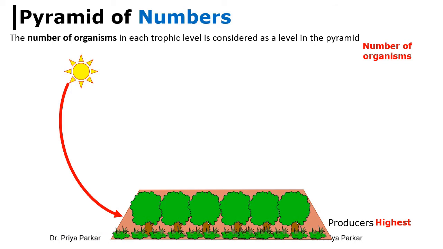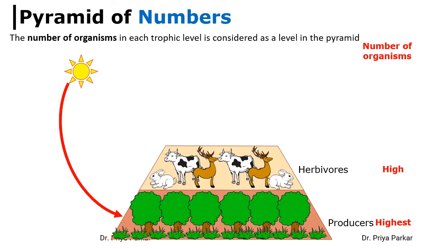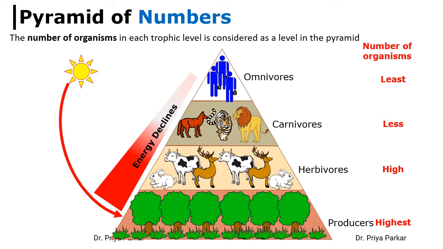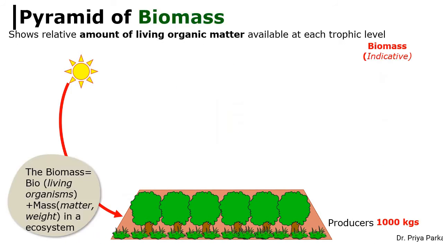The number of organisms goes on decreasing towards the top of the pyramid because comparatively less food is available for the secondary, tertiary and quaternary consumers. The pyramid of numbers is reverse for detritivores, which starts with dead organic materials, where many organisms feed on one dead plant or animal.